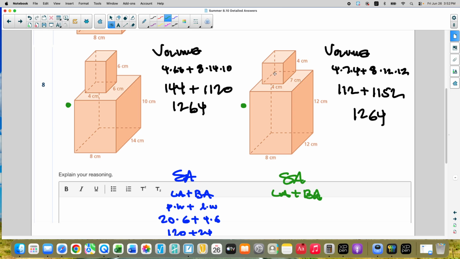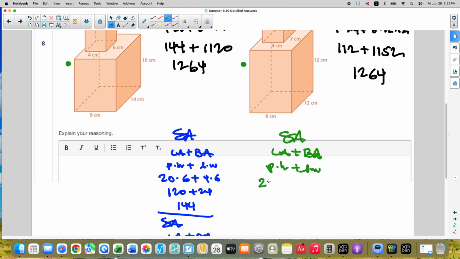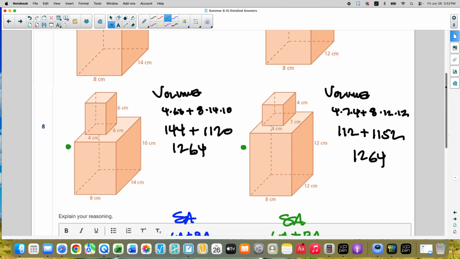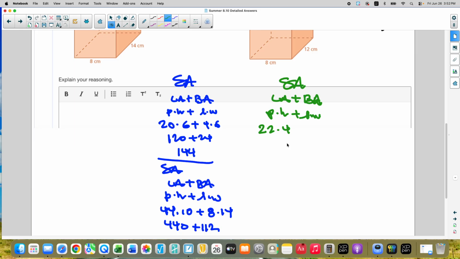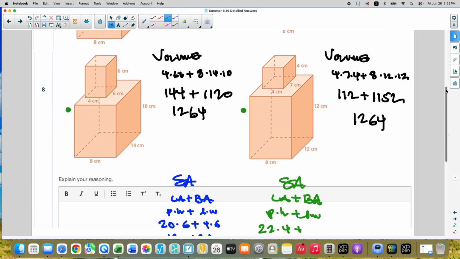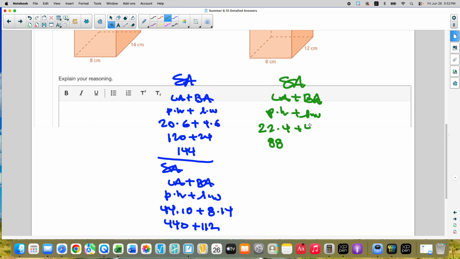Lateral area, let's do the top one, which is perimeter times the height plus length times width. Perimeter is going to be 11 doubled, 22, times the height, which is 4, which gives us 88, plus length times width is 4 times 7, which is 28, which gives us 116.